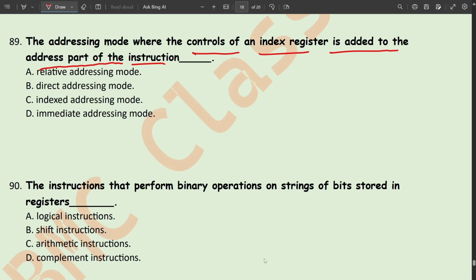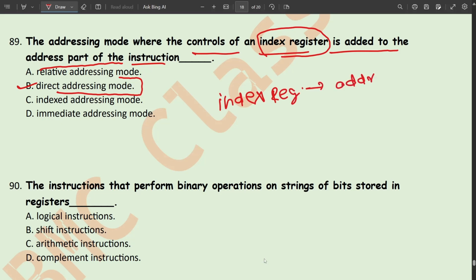So the answer is option number B. In indexed addressing mode, the index register is added to the address part of the instruction.